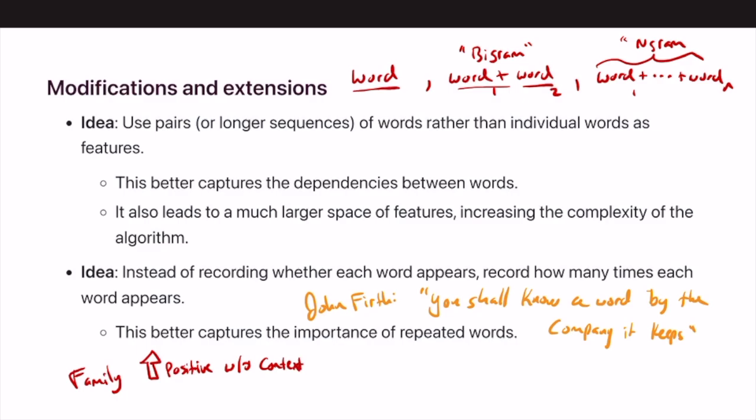But what if that same word actually occurred in a sentence like, I hate my family, or something like that, right? So in this case, this trigram is actually very negative. So context is very important, extremely important.